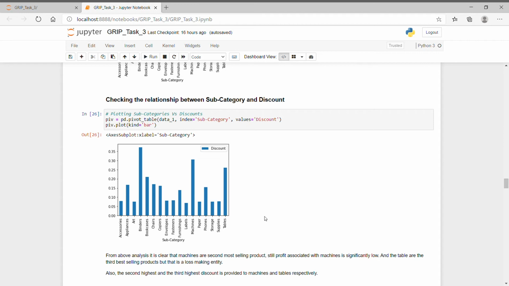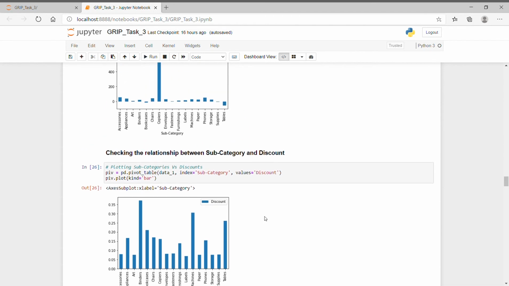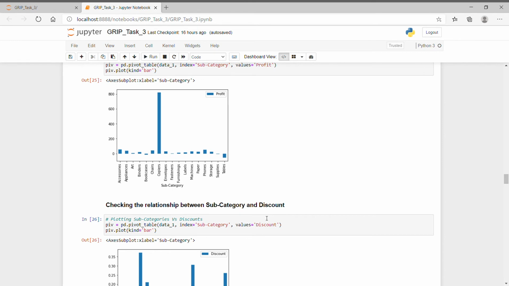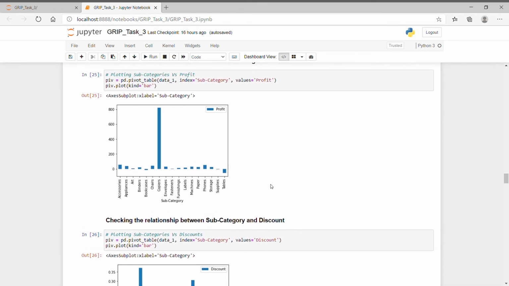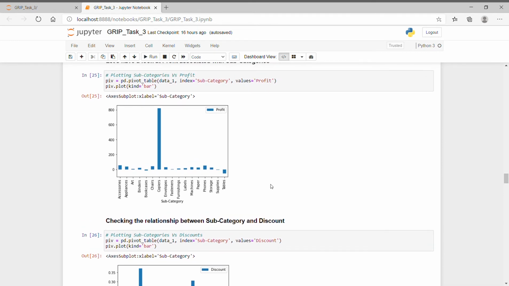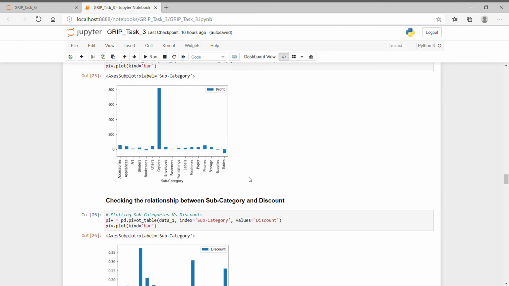So tables and machines are being paid high discounts, which results in loss of their profit. From the profit versus subcategory curve, we can see that tables are showing negative profit, which means it is a loss-making entity.